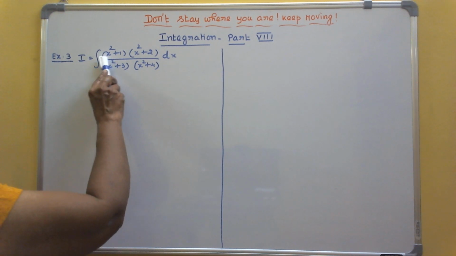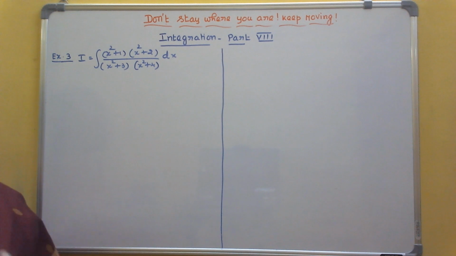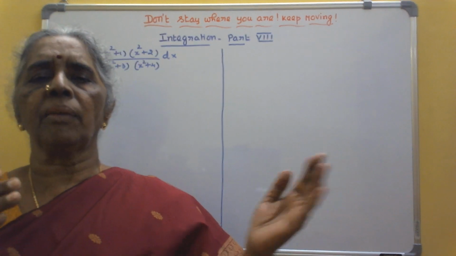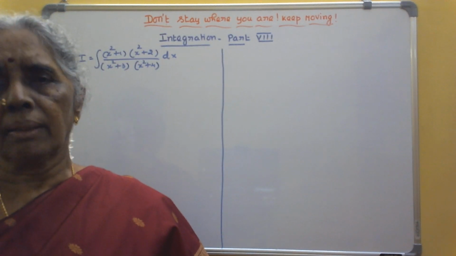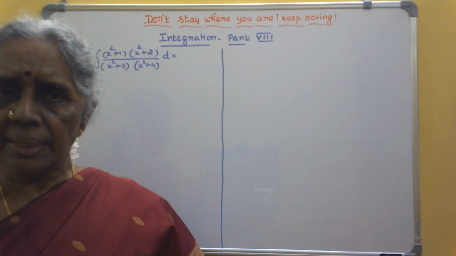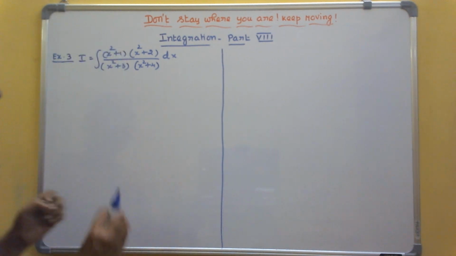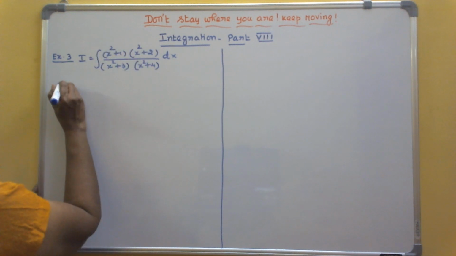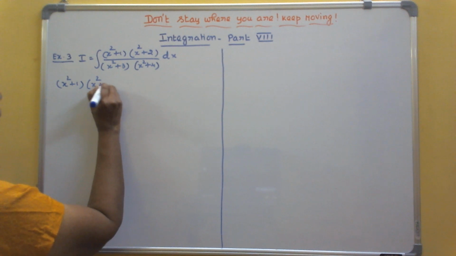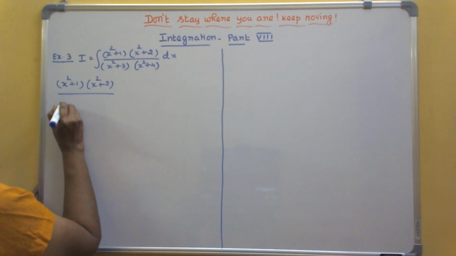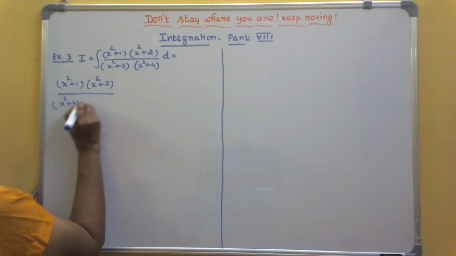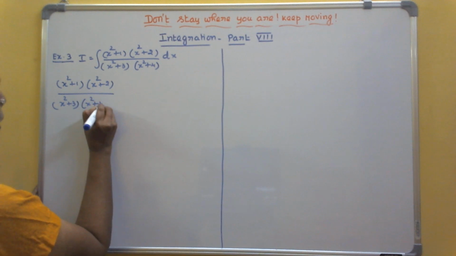But if you have a fourth degree and do the division, that will become a very lengthy thing. So let me tell you some easy way of doing. Listen carefully. Let me write the integrand here, x squared plus 1 into x squared plus 2 by x squared plus 3 into x squared plus 4.